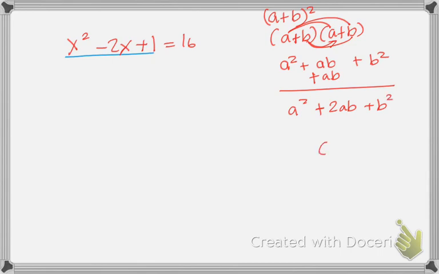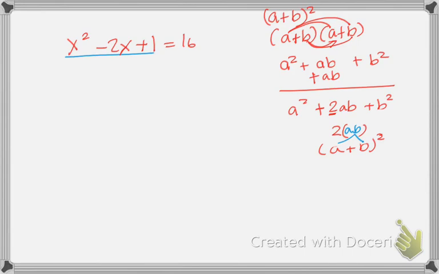Now, I'm going to remind you, the shortcut for this is to check to see if I factored it right. If I square the a, it's going to look like this. If I square the b, it's going to look like this. So to check the middle term to see if I factored correctly, I multiply these two together. I get ab, and then I double it times 2 because we have 2 of them.